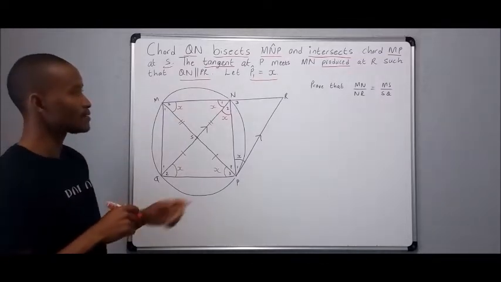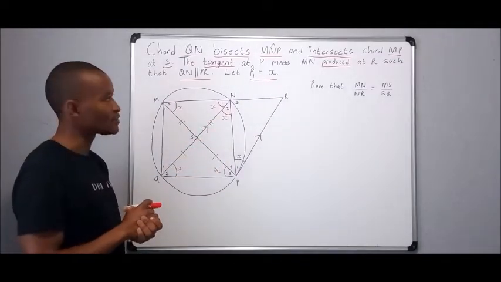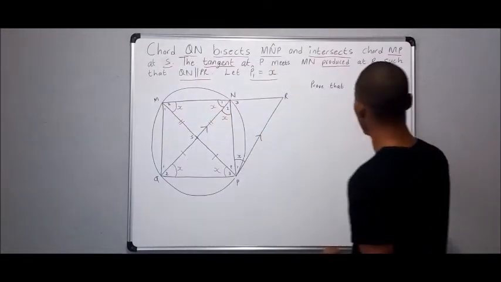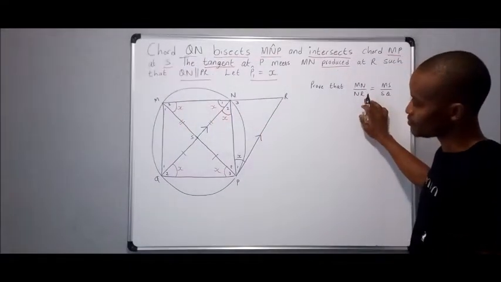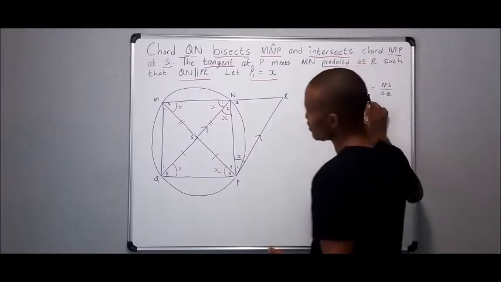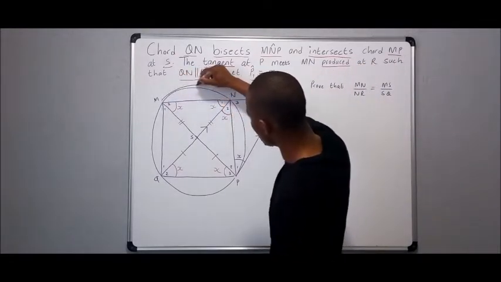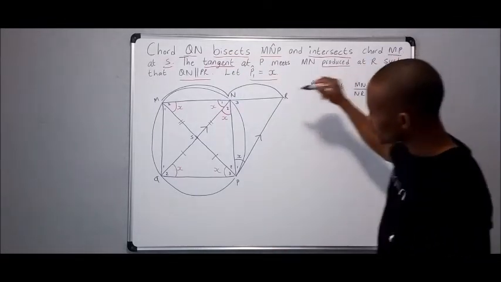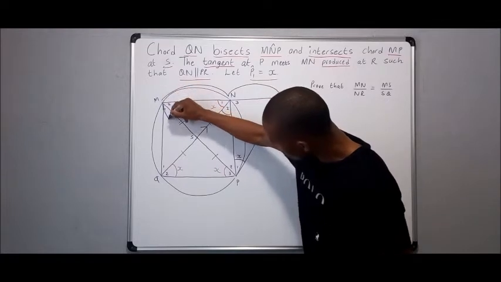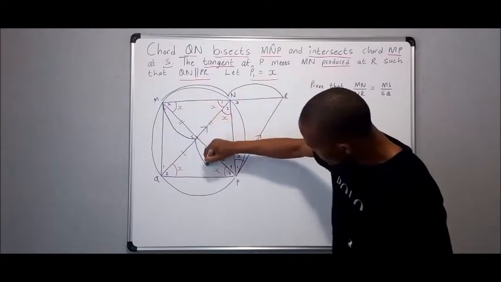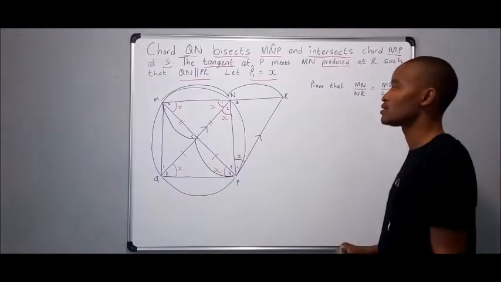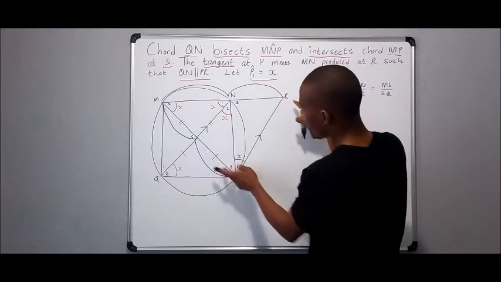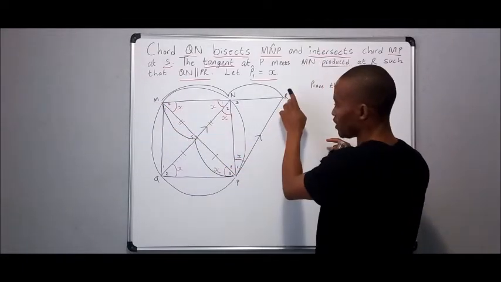So we can start our solution of that question. Prove that MN over NR, which means there's proportionality in this triangle, is equal to MS over SQ. If we directly apply proportionality here, we can see that that is the proportionality because SN is parallel to PR in the triangle MPR.